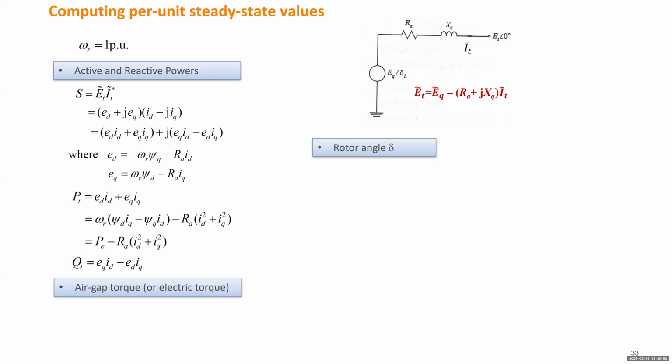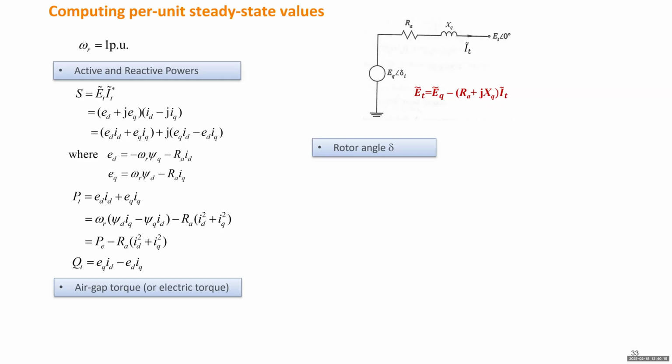Immediately we know the terminal power, we call it PT. T stands for terminal of the generator. It will be the real part of the complex power. So you can plug in the ED and EQ based on the two voltage equations, and you have this one, and compare to this one.